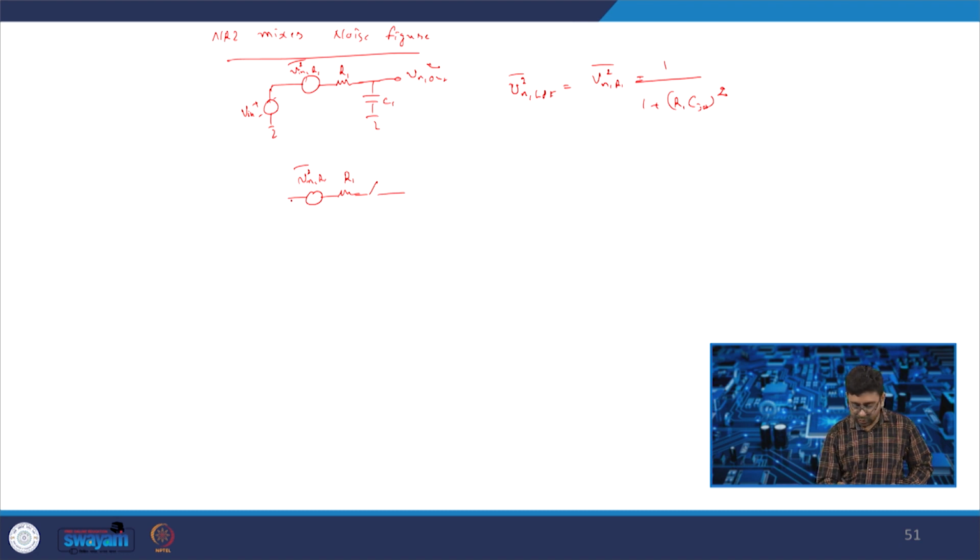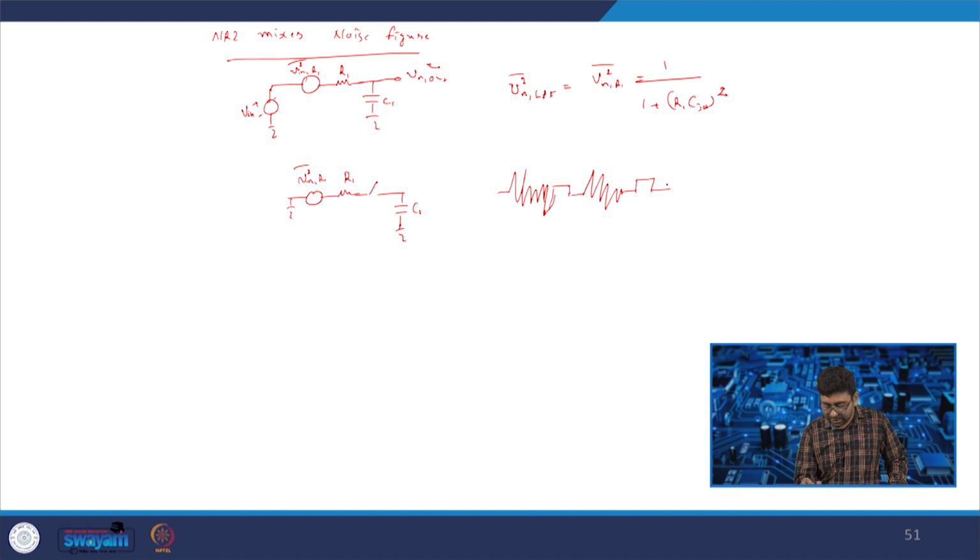Now when this is going to switch, and this is a C1 capacitor, what will happen is you will get a random noise like this, and then when the switch is on it will be constant, again you will get a random noise and then it will be constant. So you can analyze this noise in two parts.